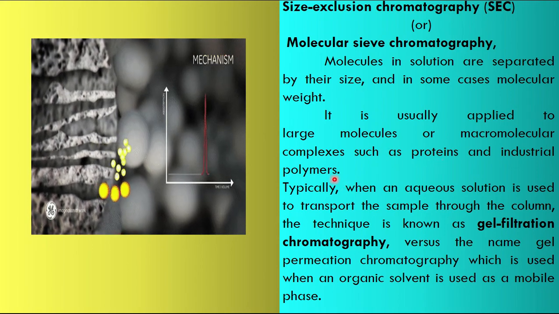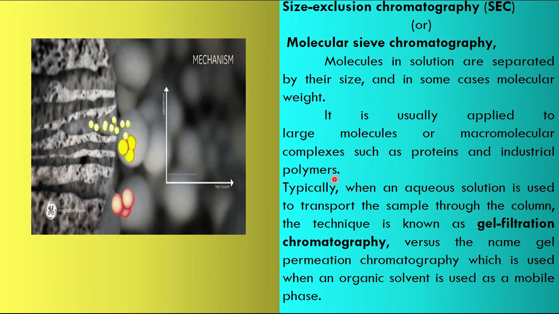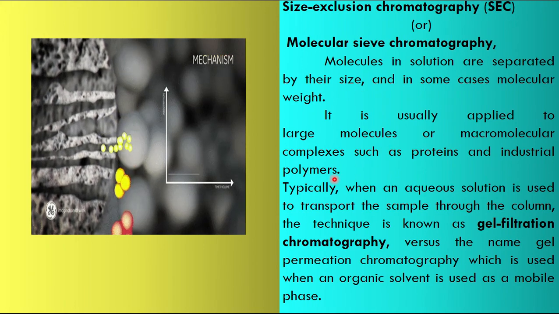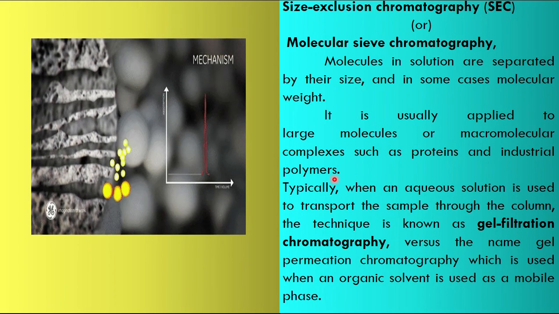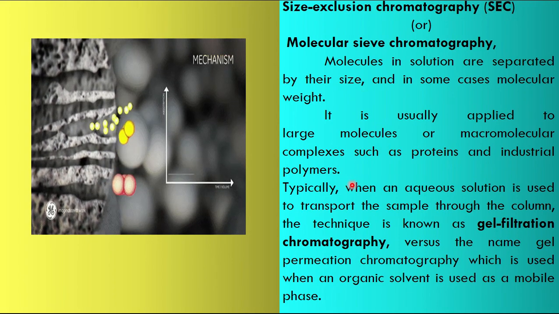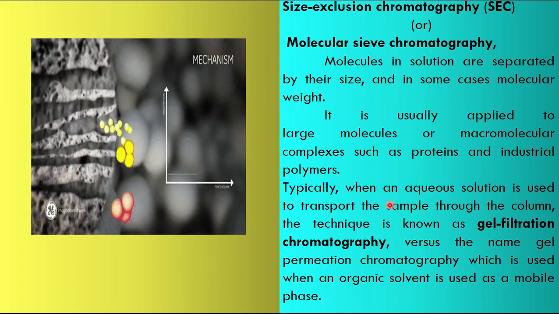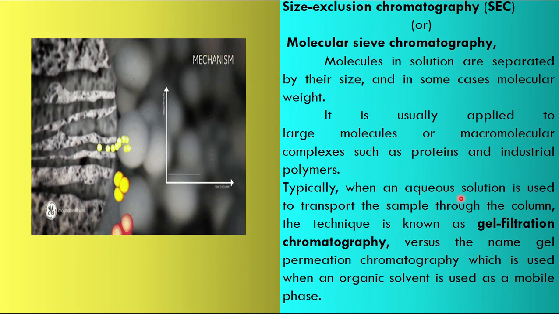So especially size exclusion chromatography is useful for separation of proteins and industrial polymers. Sometimes in case of size exclusion chromatography, aqueous solution is also used for the transportation of the sample. In such cases, it is referred to as gel filtration chromatography or gel permeation chromatography.